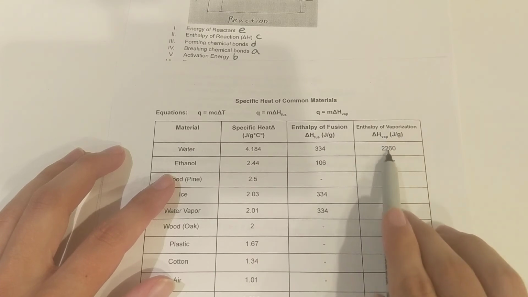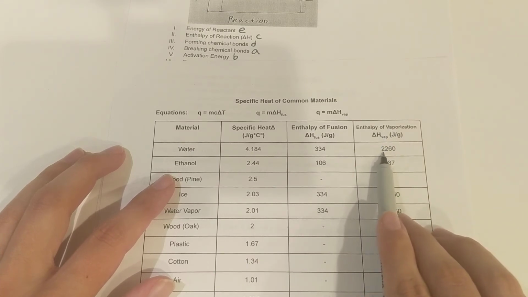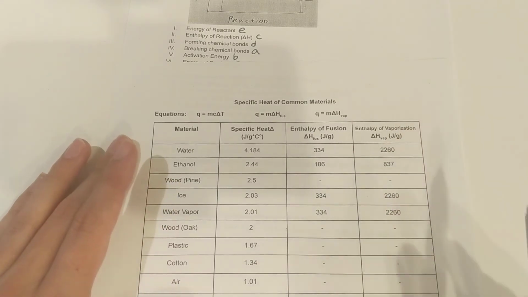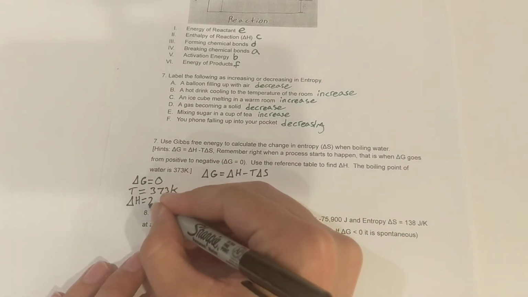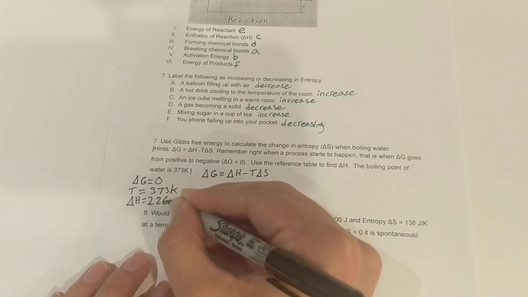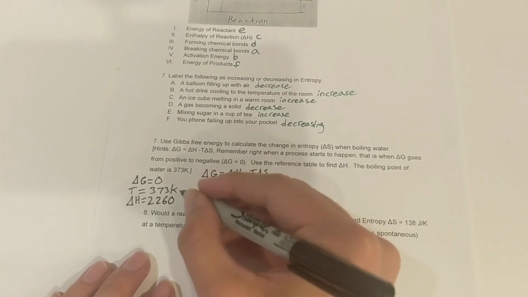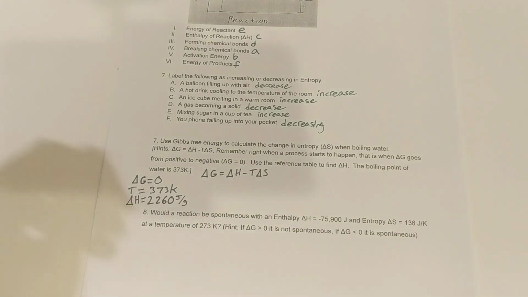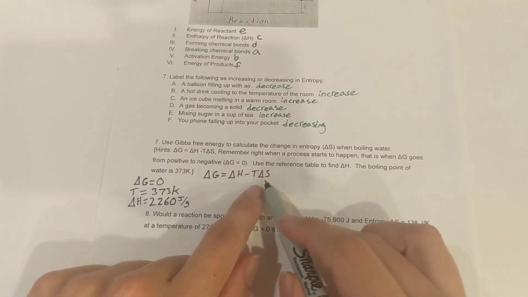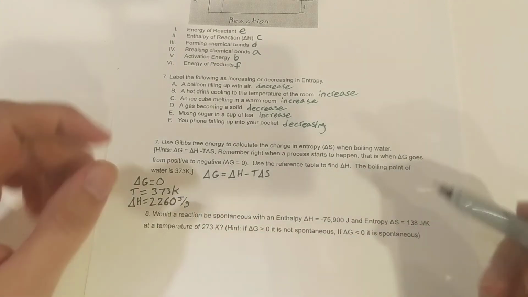Our delta H of vaporization, 2,260. And that'll be joules per gram. So now we just plug all that in, and we're solving for delta S.